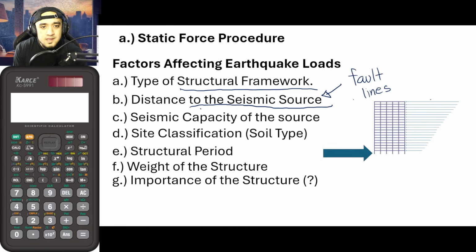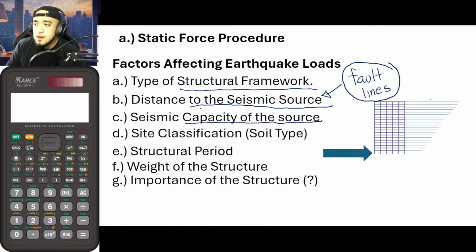So also, another factor is the capacity of the source. So we have different fault lines here in the Philippines. So these fault lines would differ in strength. Some fault lines would be stronger than that of the others. Okay? So another factor that would affect the earthquake load is the site classification or the soil type. So as you know, a particular building will be on top of earth.